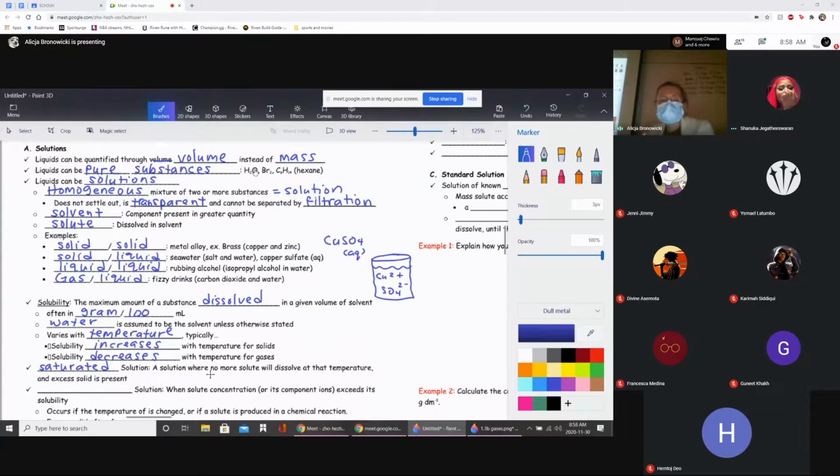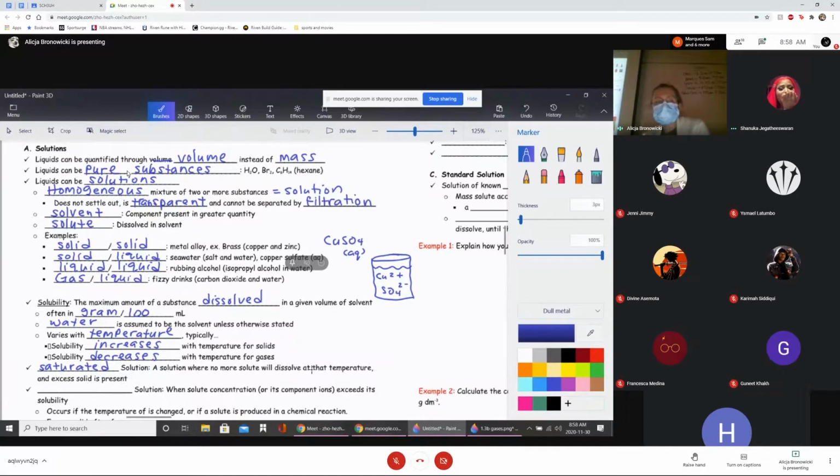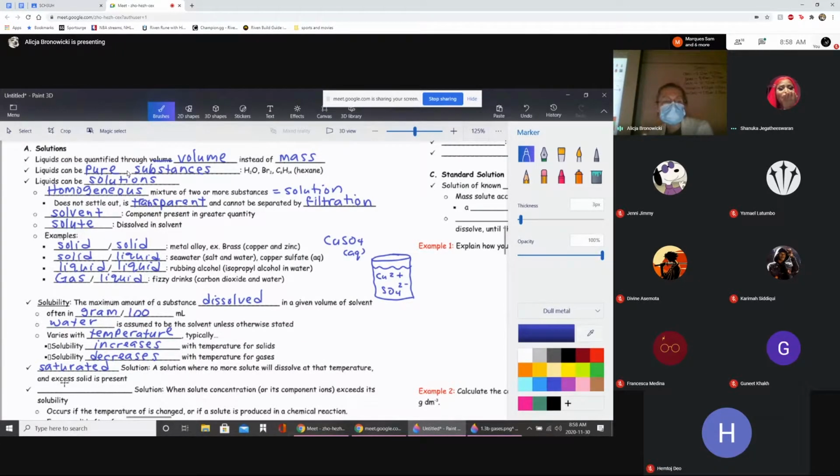Okay, if I have a saturated solution, that's a solution where no more solute will dissolve at that temperature and excess solid is present. So if you have a saturated solution, you have the maximum substance dissolved. So if I'm trying to put more in there and stir it in there and put more in there and stir it, I'm going to get some of that substance on the bottom now because no more will dissolve.